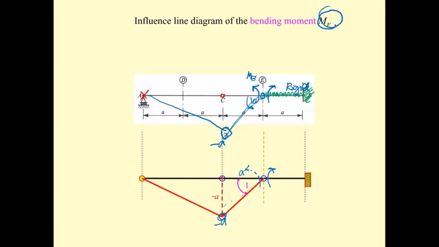Okay, that is the end of the first part of the lecture on chapter 4, influence line diagram of statically determinate structure. And the knowledge of this is used to draw the influence line diagram for the reaction, for the shear, for the moment at a given point.